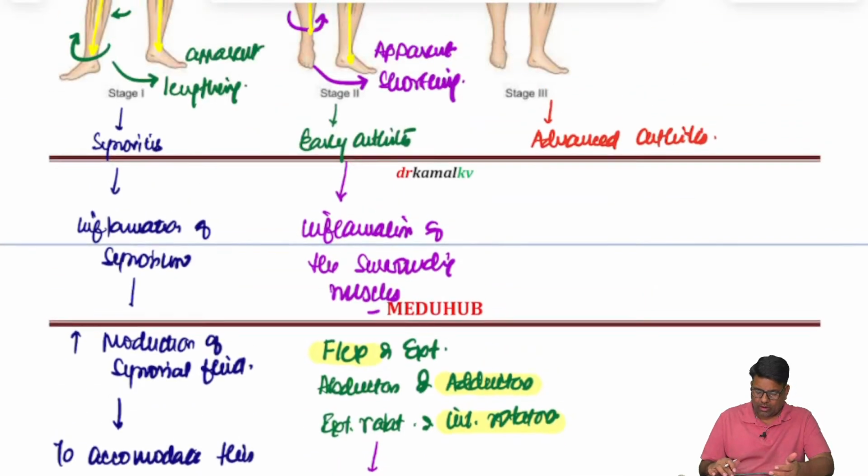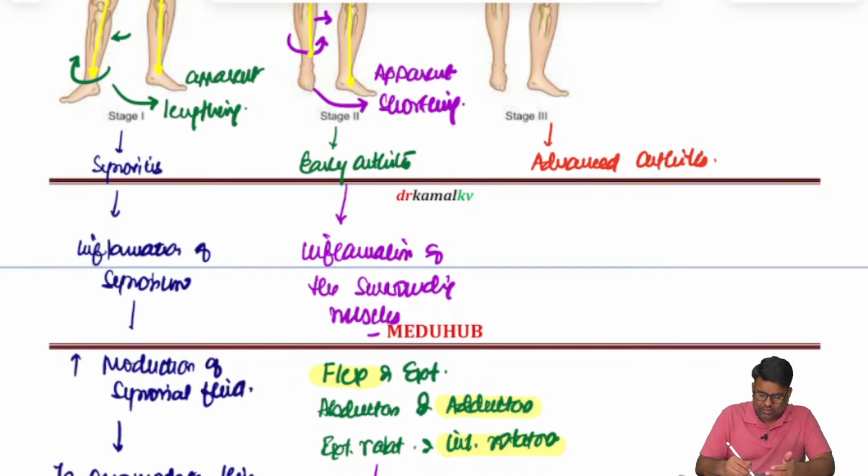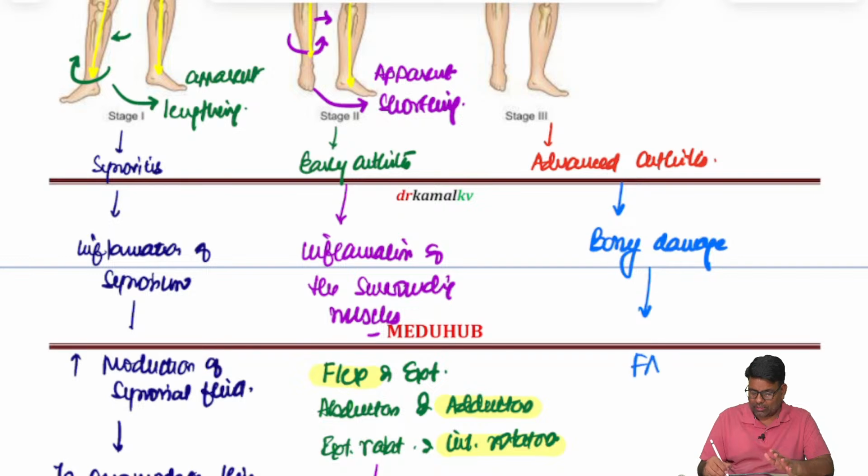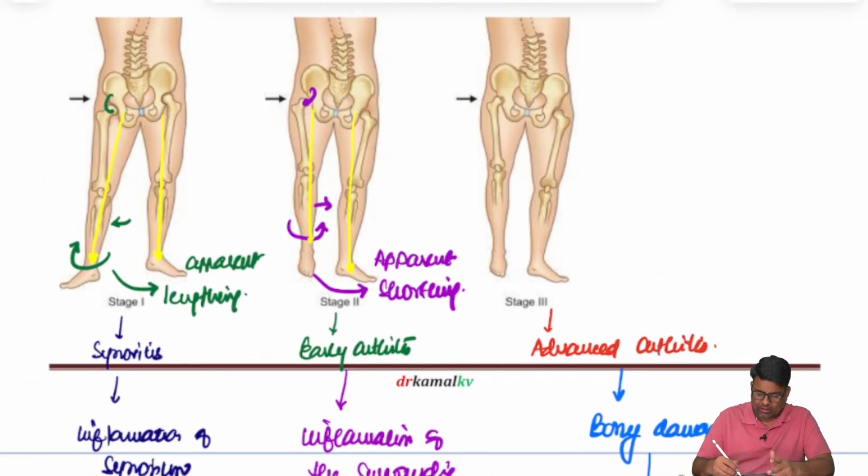Okay. Now, if the condition is still not addressed, there will be increased damage to the bony structures, especially the head of femur. So there is bony damage, and now the attitude will remain the same. So there is FADIR. This FADIR will continue in the third stage as well. So again, there is flexion, adduction, internal rotation, right?